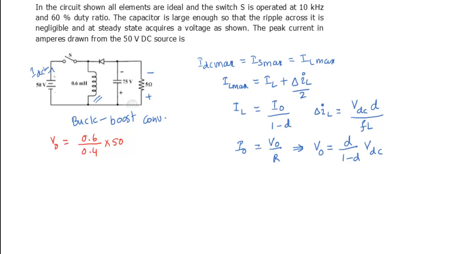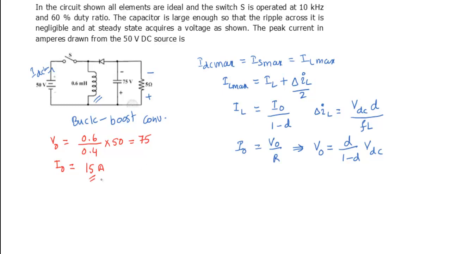That's why 50 volts is increasing to 75 volts. 6 by 4 is 3 by 2, into 50, that is 75. It's already given, but I am calculating again. Then from this we calculate I0. I0 is V0 divided by R. R is given as 5. 75 divided by 5 is 15 ampere.